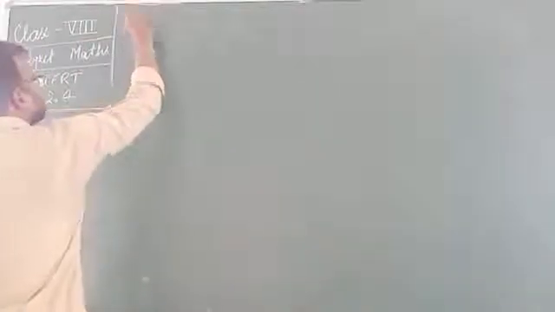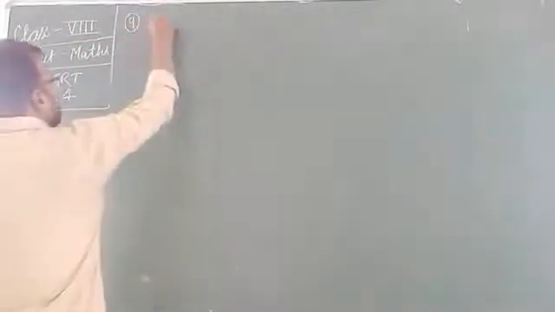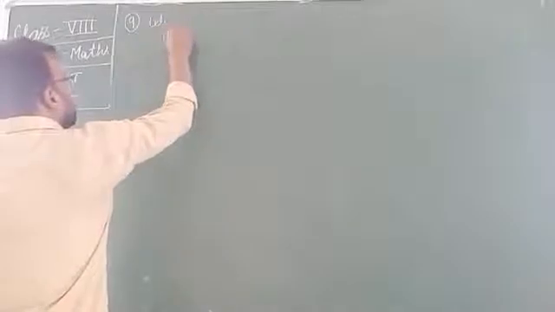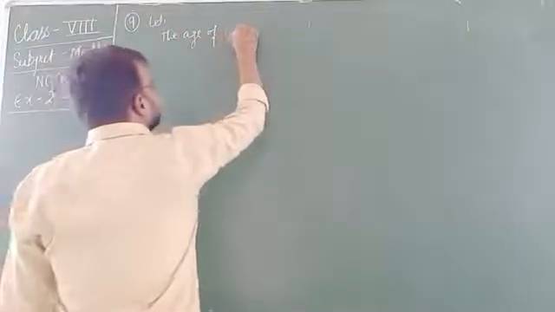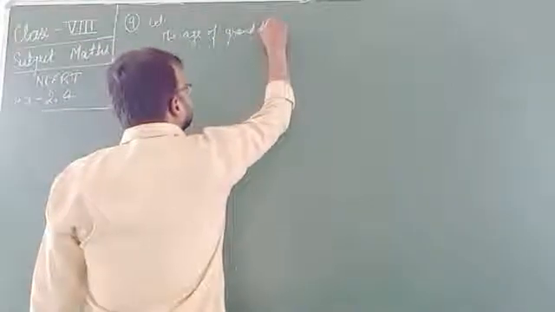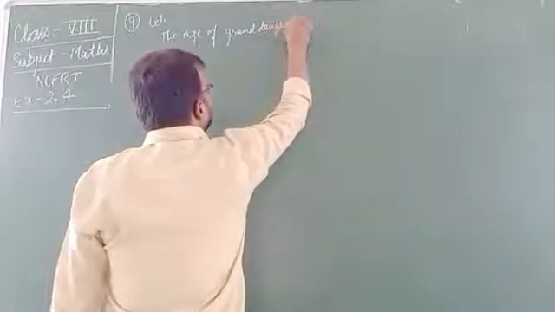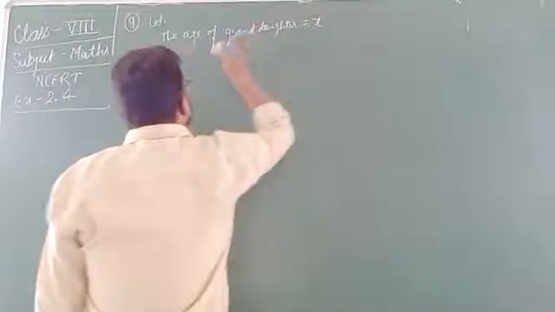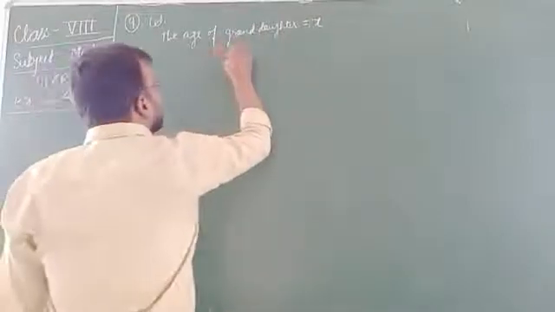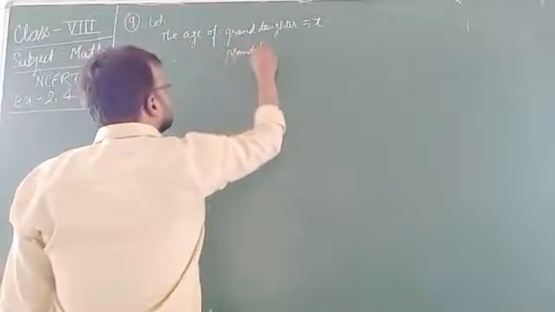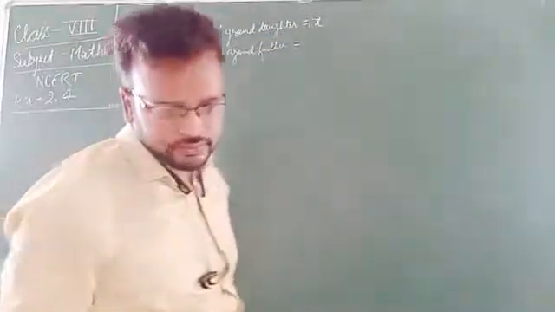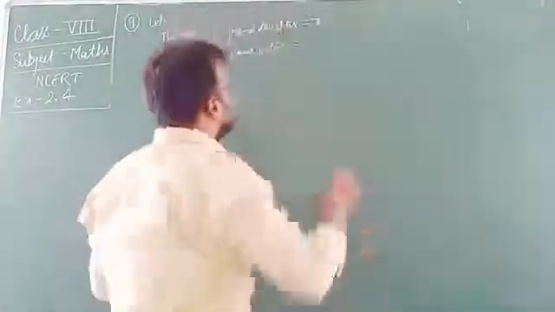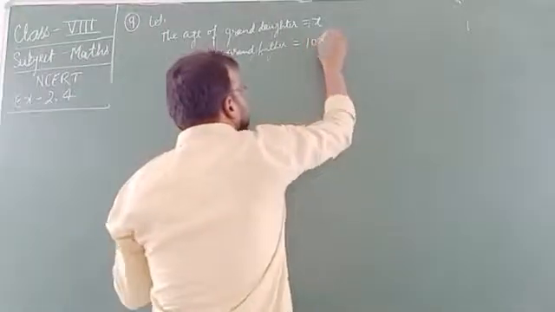Question number 9. Let the age of the granddaughter equal x. So the age of the grandfather, 10 times, is 10x.